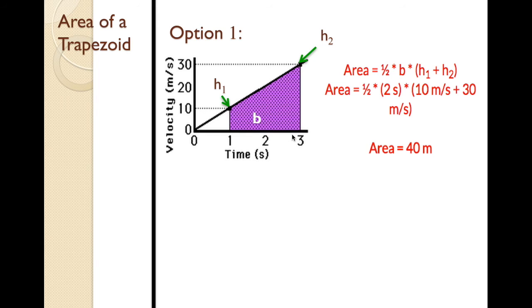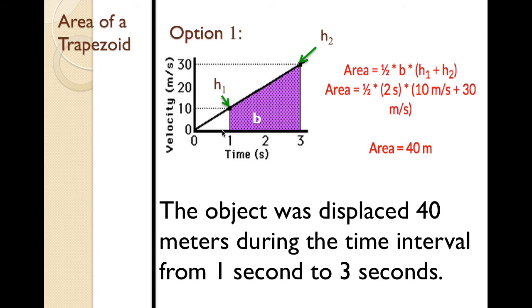So that's only actually within 2 seconds. In order to find that, you would need to know what this point is right here for H1, the second point here for H2, and you would know your base, and you just plug everything in, and you should get an area of 40 meters. The object was displaced 40 meters during the time interval from 1 second to 3 seconds.